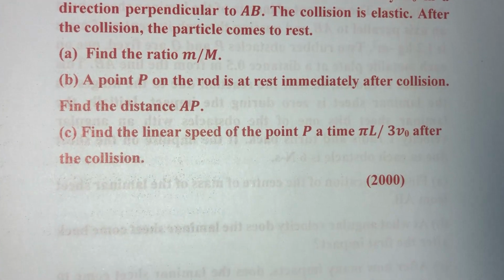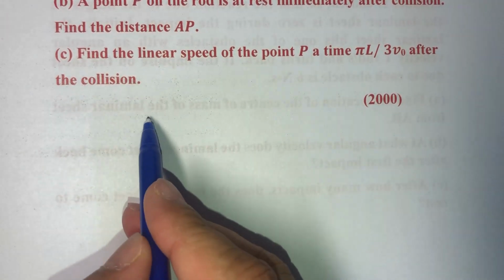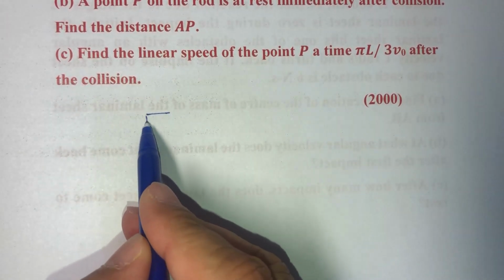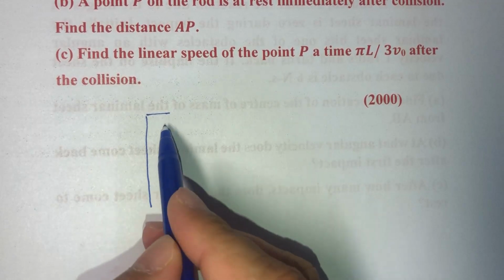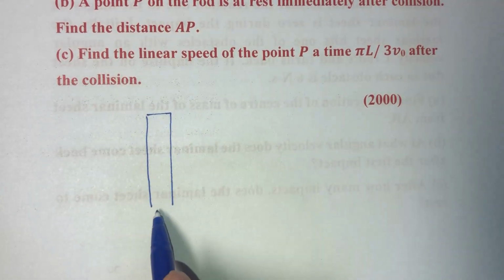So in this case, we are given that there is a rod which is lying on a horizontal surface.